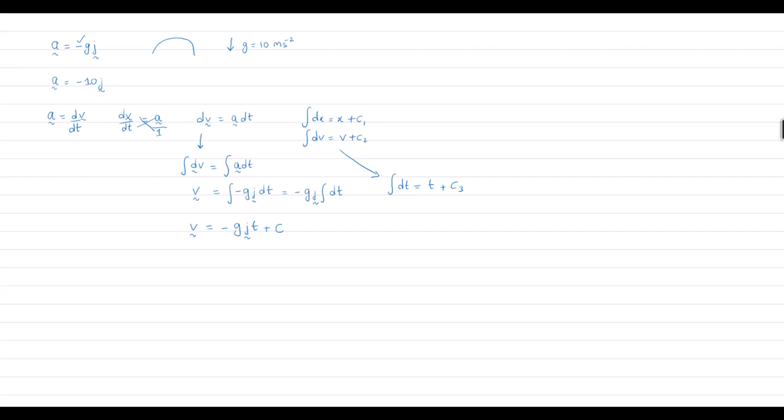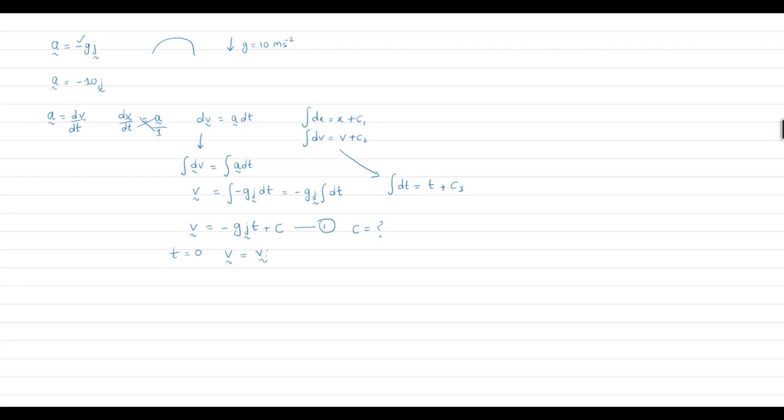Now, the next step is we have to determine the value of c. So how can we determine the value of c? Let me call it equation number 1. In equation number 1, if I analyze the equation at time t equal to 0, that is when the rocket was fired at the given height. So at time t equal to 0, this equation number 1 will give velocity equal to the initial velocity.